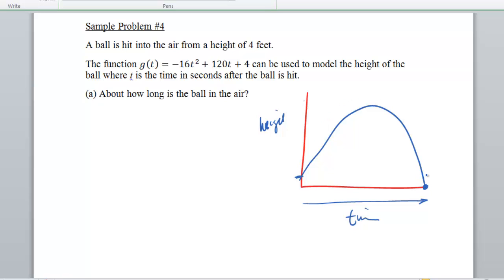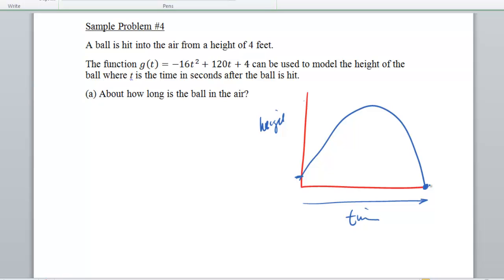Now later on in this unit we'll have a more mathematical way to solve this and get an exact amount of time, which is when we could plug in a 0 for the output and make the entire quadratic equation equal to 0, and then we would solve the quadratic equation through one of the methods that we're going to teach you.